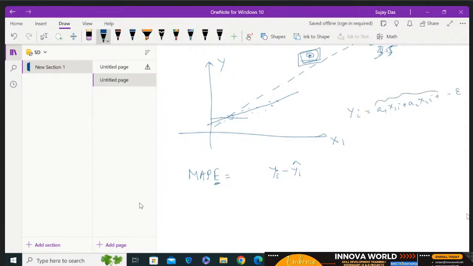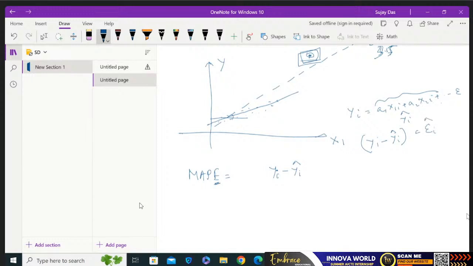This part is the estimated part, so this part is yi hat. Whenever we do yi minus yi hat, that means we are bringing this to the left side, and what we are left with on the right side is the error. So the estimate of the error is the observed minus the fitted value.